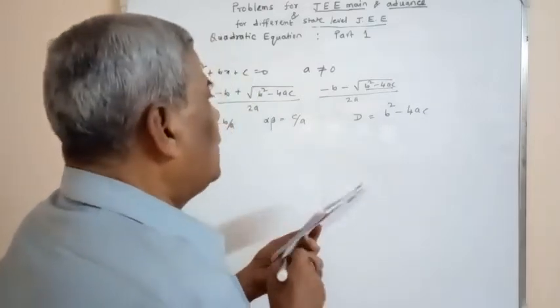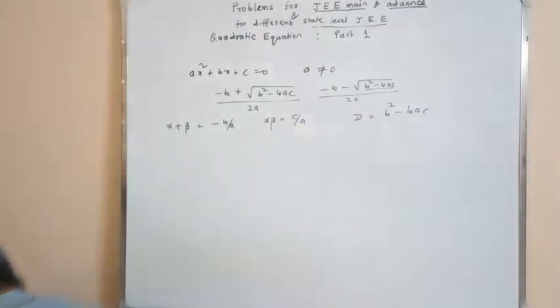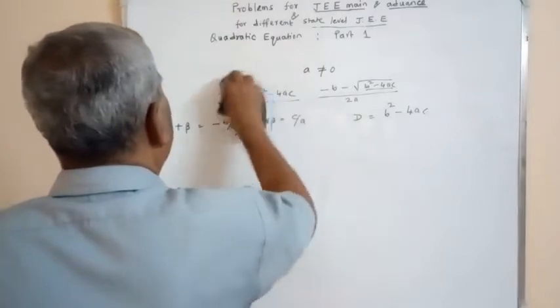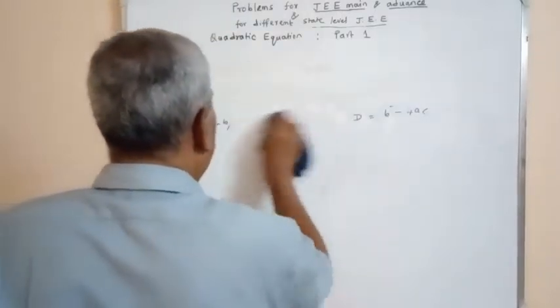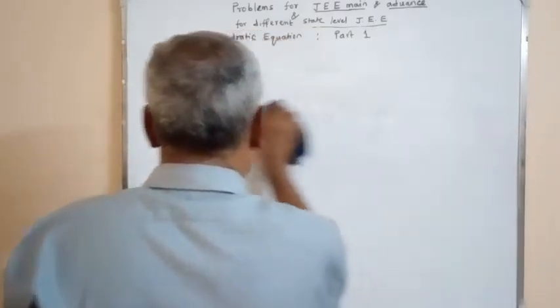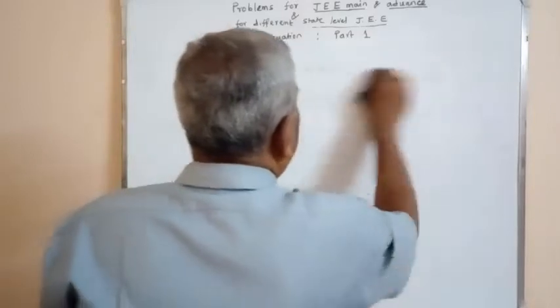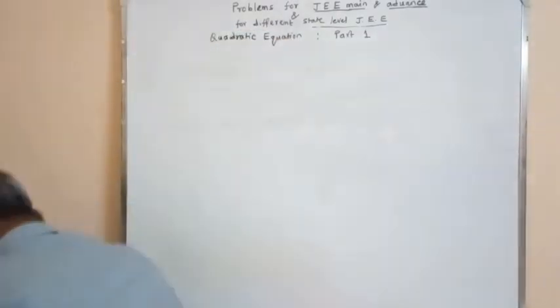Next, we discuss the nature of roots. For different values of D, capital D meaning the discriminant, the nature of roots will depend.